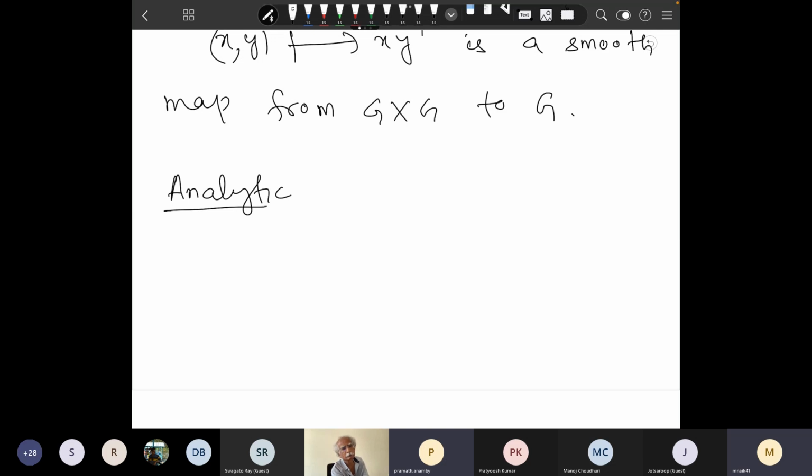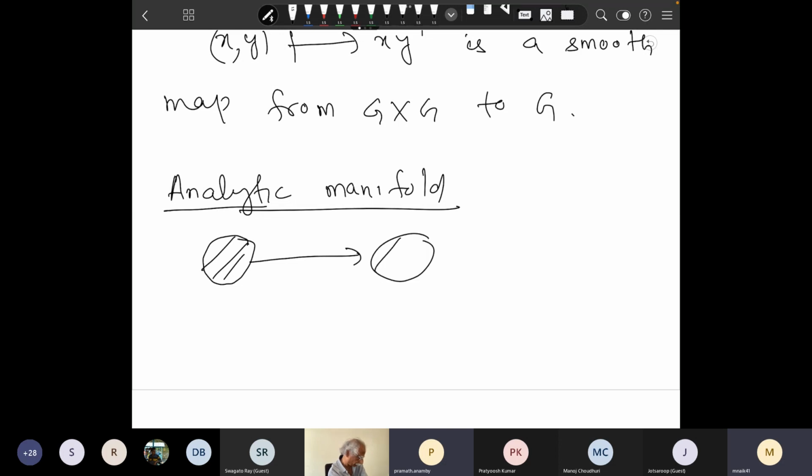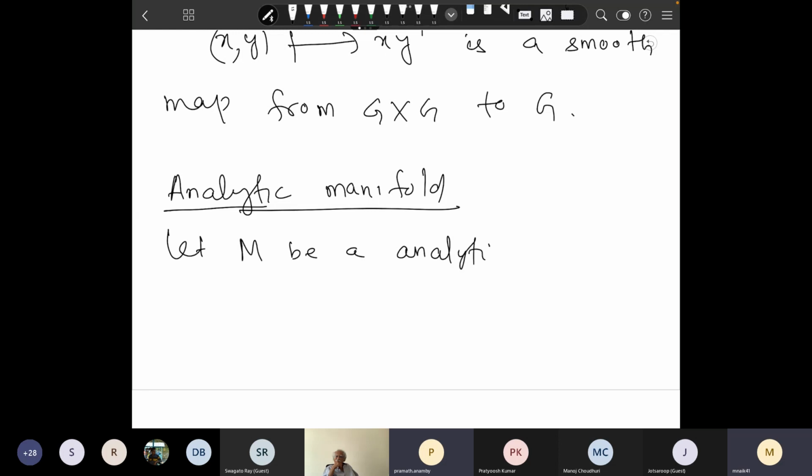You just demand that on that manifold, on any manifold you define a coordinate chart, and you demand that the open set is homeomorphic to an open subset of C^n. Let M be an analytic manifold.